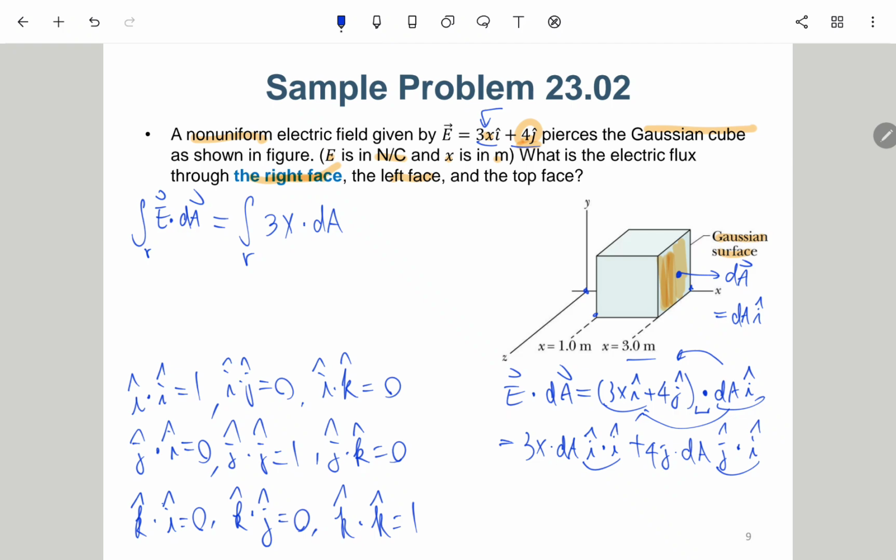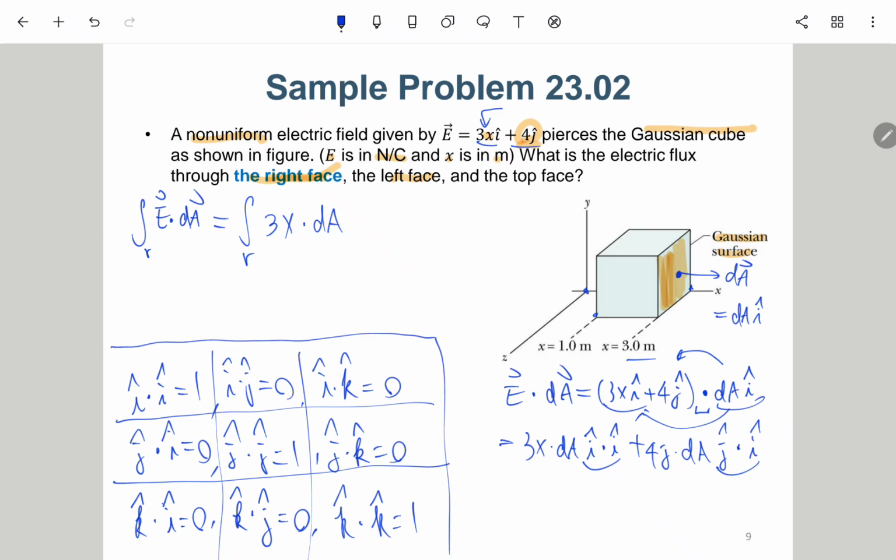Altogether we have 9 combinations. We have ijk for the xyz components, the unit vectors of the Cartesian coordinate.